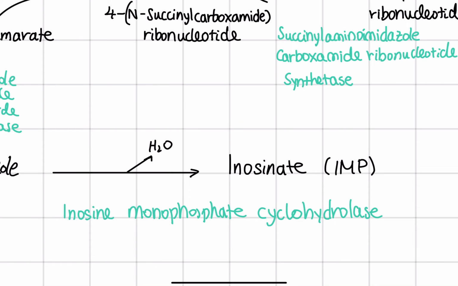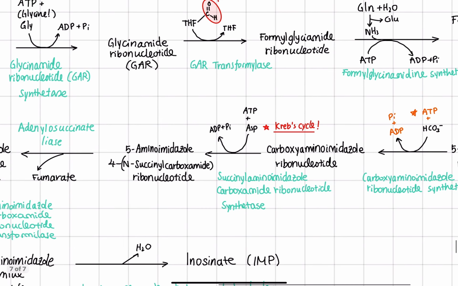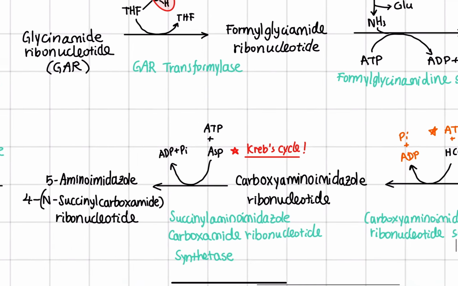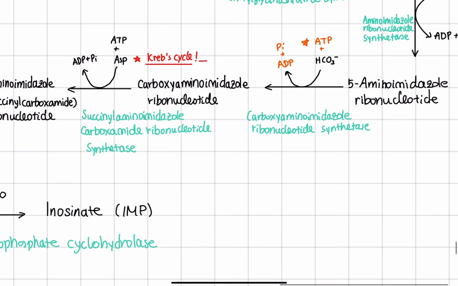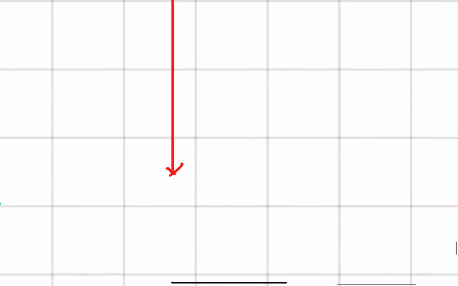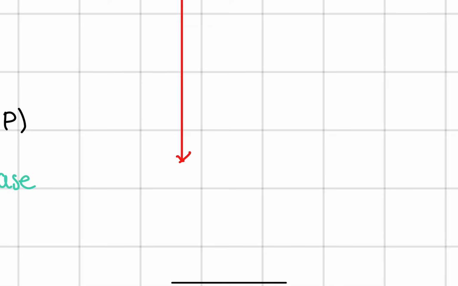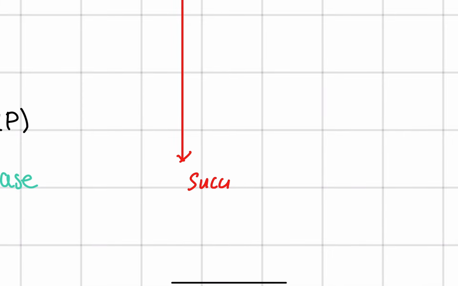In the exam, the teacher may ask you, how would you relate the purine ring formation to the Krebs cycle? So here, let me do it down here. A bit messy, but well. First, Krebs cycle. Succinate.